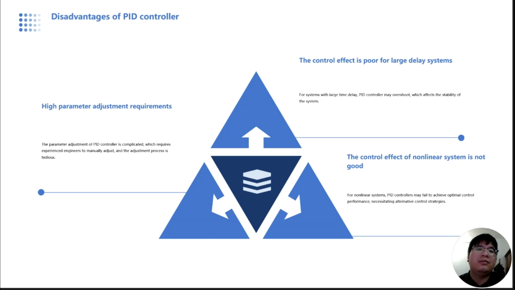Thirdly, parameter adjustment is actually an art. Although there are methods to follow, finding an optimal set of parameters often requires rich experience and a lot of trial and error, and the process is quite complex.